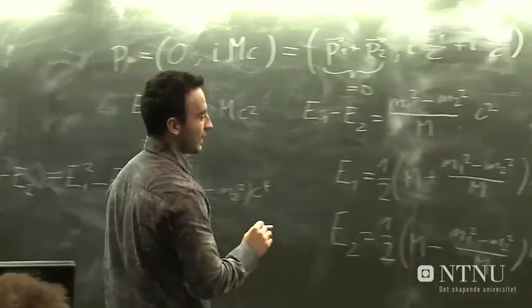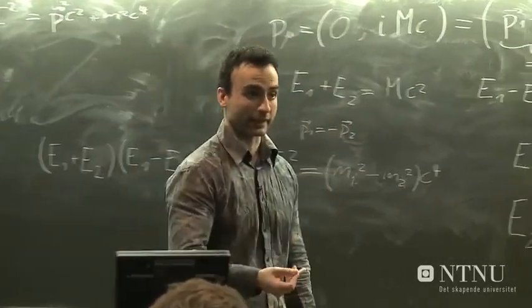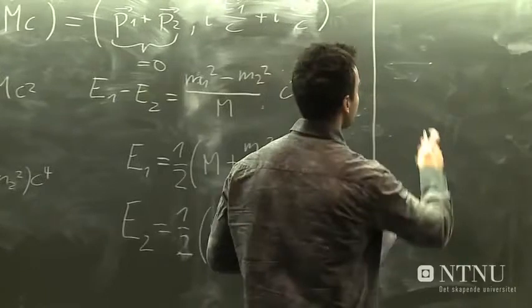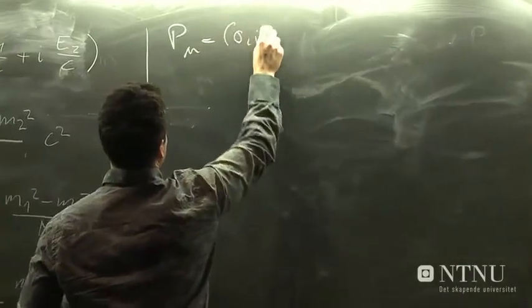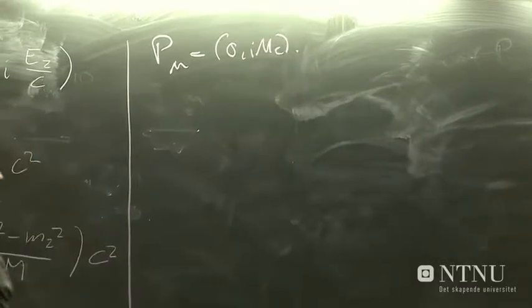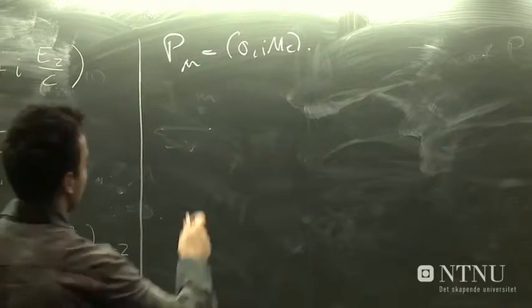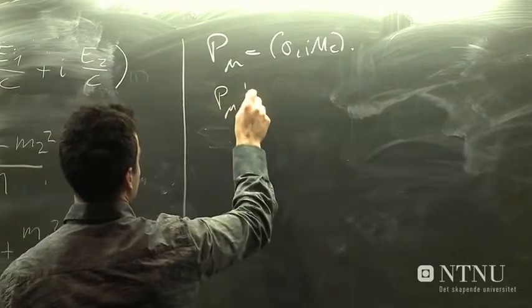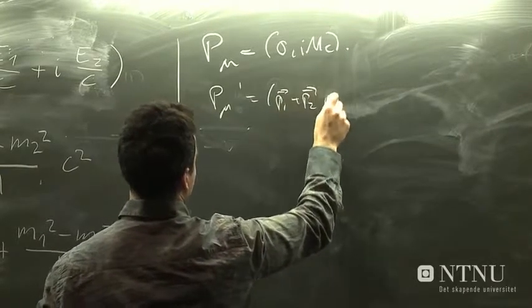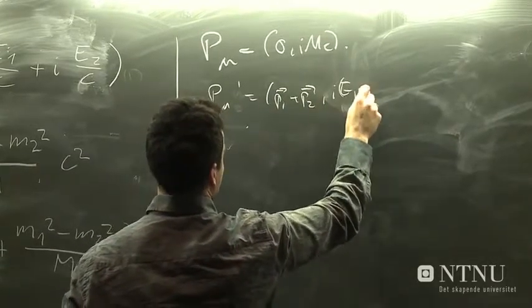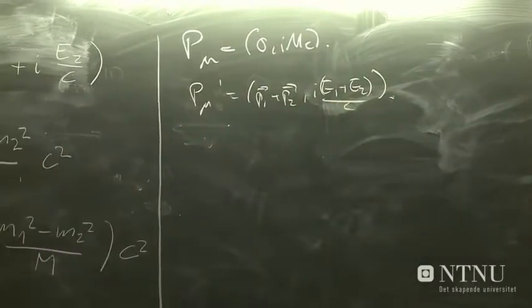Okay, so let's see. I'm going to propose a slightly different method, but let's see if we can get the same result. So just like you did, I defined the 4 vectors before and after. So we have this.